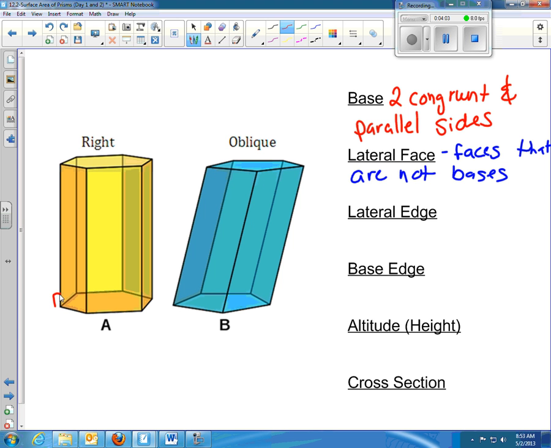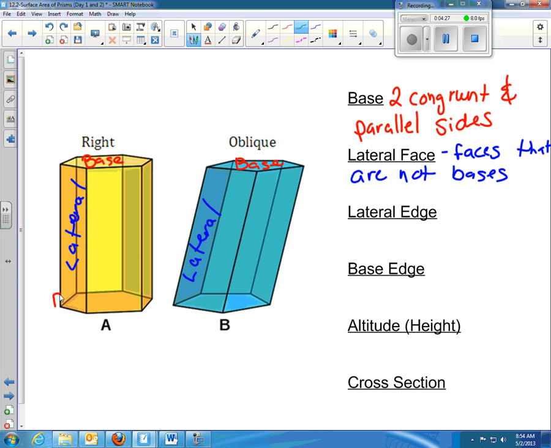So let's just mark a few of these things. Up here, this would be considered a base because it's that end. And then we would call something like this one a lateral face. And this here would also be a lateral face. Actually, any of those on the side would be a lateral face. Next, we have lateral edge.